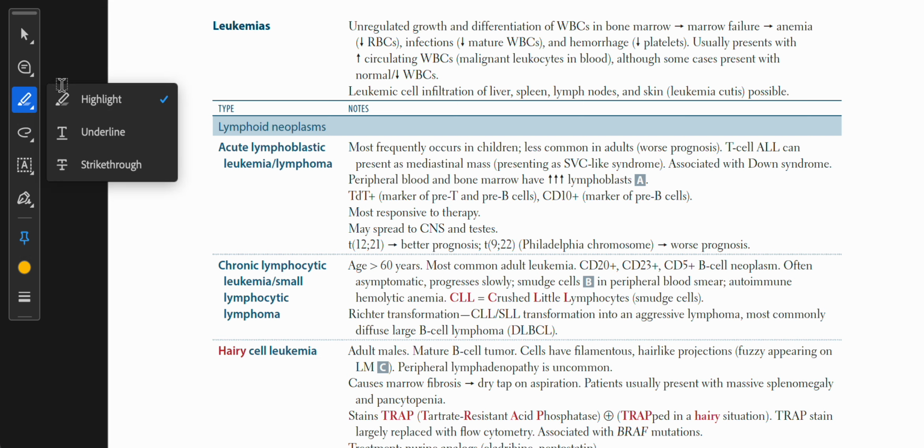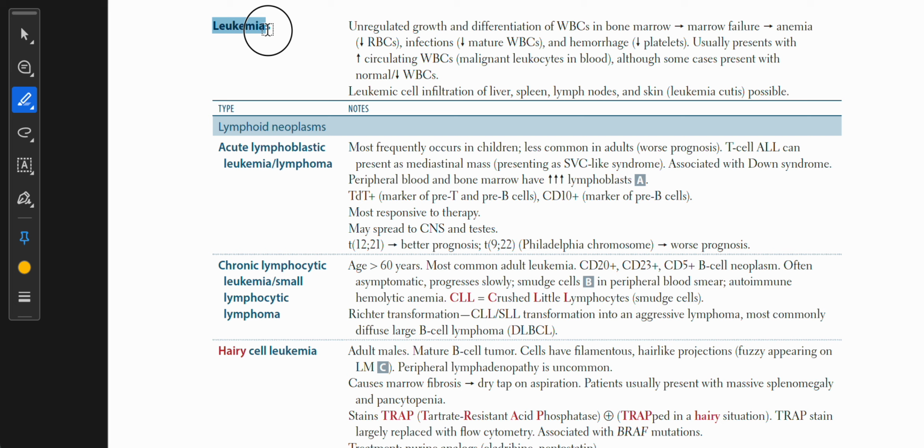Leukemia is basically blood cancer, a white blood cell cancer. It is unregulated growth and differentiation of WBCs in bone marrow that will cause marrow failure, and that will cause anemia, that is a decrease in RBCs, infections due to a decrease in functional WBCs, and hemorrhage due to a decrease in platelets.